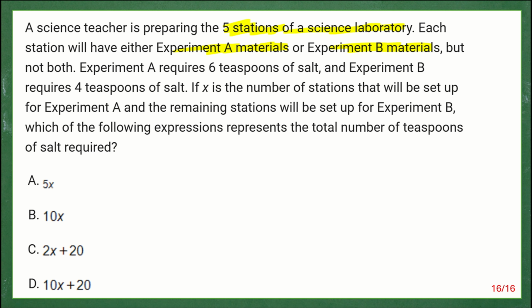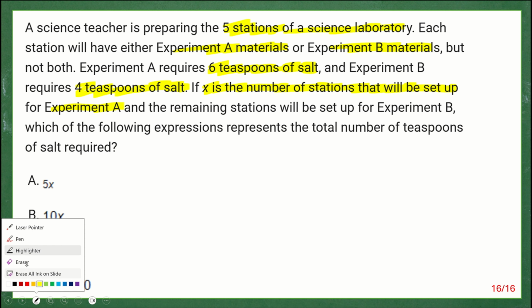Now, experiment A requires 6 teaspoons of salt, and experiment B requires 4 teaspoons of salt. So I have different quantities of salt being utilized in each of these experiments.